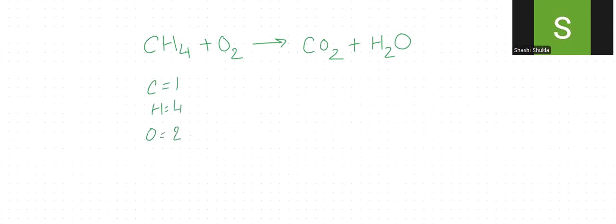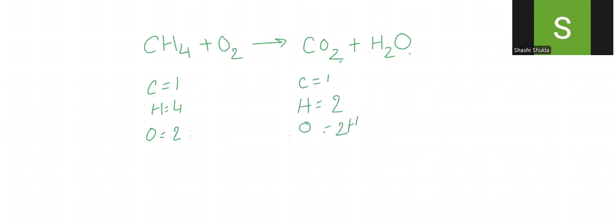Right hand side, C is 1, O is 2 plus 1, 2 from here, 1 from the second. And H, okay, again, remember to write it in the same order. So let me erase this out and put the H next because then it's easy to compare. So I put H, which is 2, and my O is 2 plus 1.